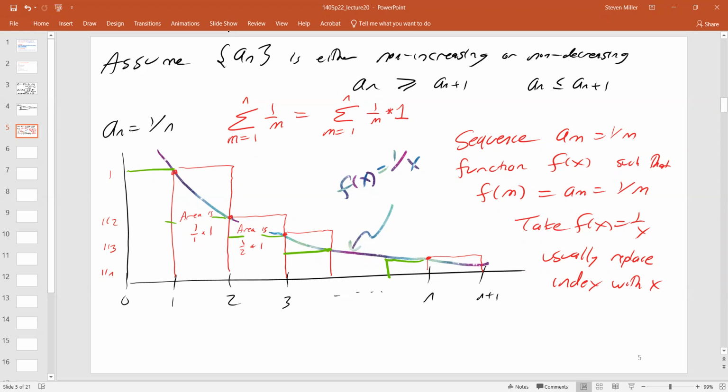So for this problem, the area under the function is now greater than the area under the boxes if I remember to add on that little extra term.